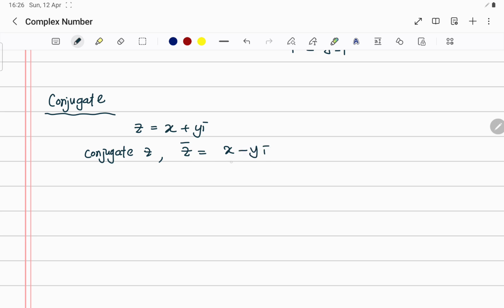The real part, x, stays the same, but for the imaginary part you change the sign from positive to negative, or if it is negative, you change it to positive.